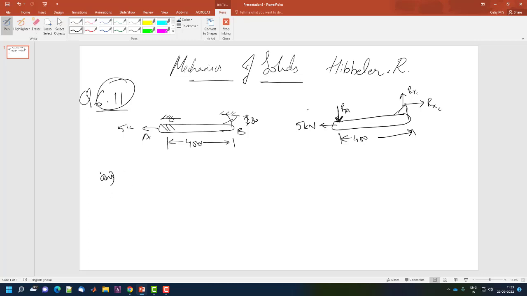Let me draw the shear force and bending moment diagram. So let me ask you, what is RYC? As we can see from the free body diagram, if we solve the equilibrium of forces in y direction, then RYC minus RA is equal to 0, so RYC equals RA.